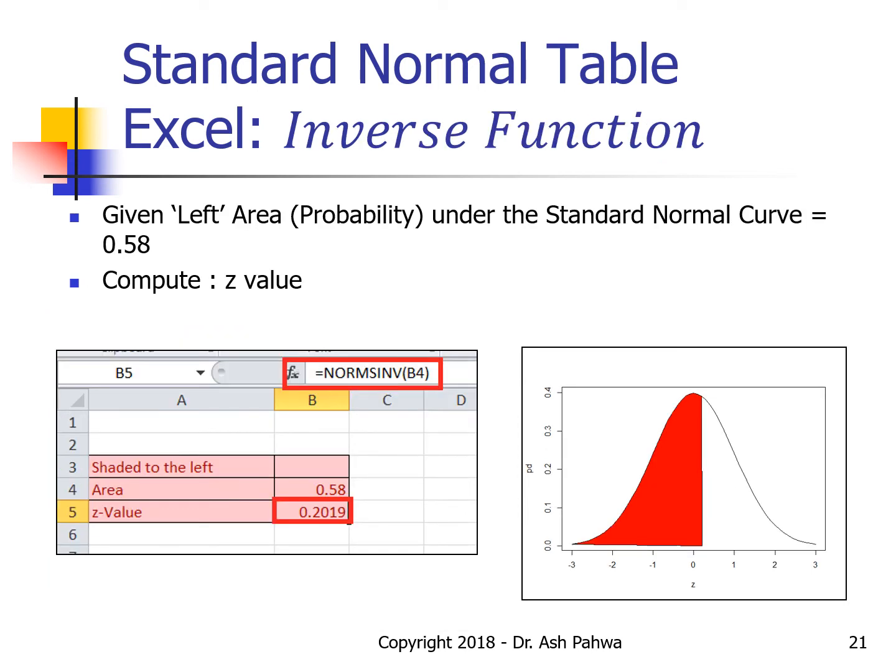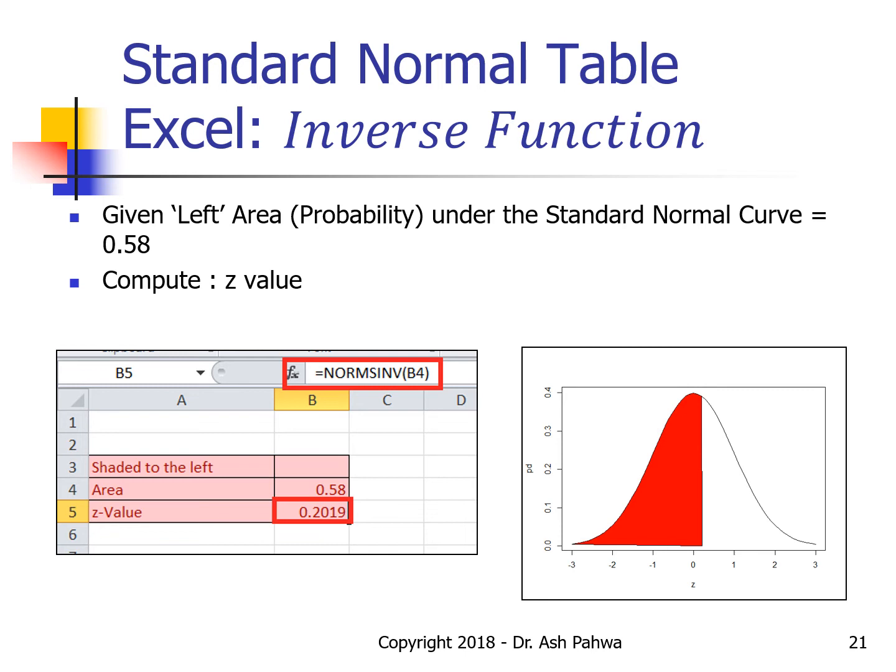Now let us examine the inverse function. Earlier we were given the value of z and we were trying to find out the area. Suppose the area is given and we need to find out the z value. Excel provides a function called NORM.S.INV, and INV stands for inverse. We are basically reversing the whole process.